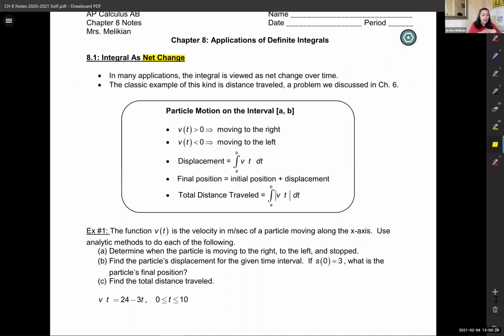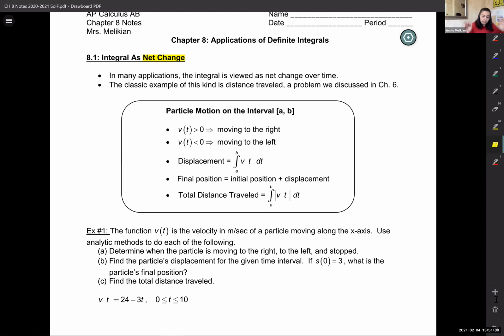But really, it wasn't just the distance traveled, because when we took the area under the velocity graph and got 75 miles, that wasn't just distance. It also had a direction, because positive 75 miles meant we were traveling 75 in the positive direction, or negative in the negative direction.